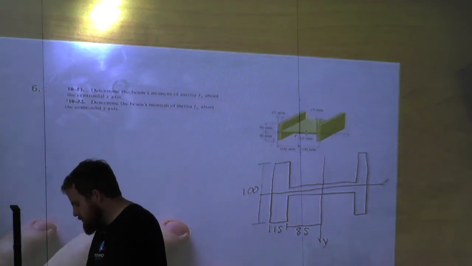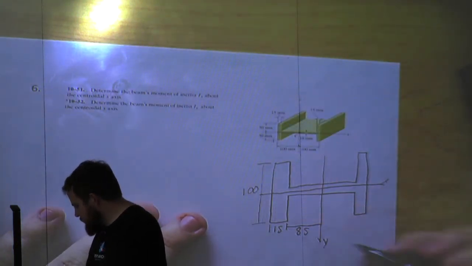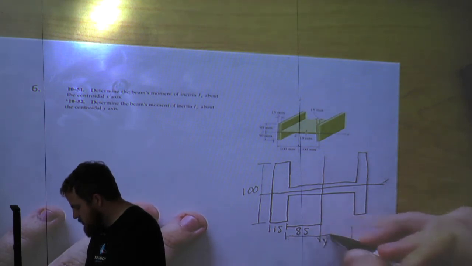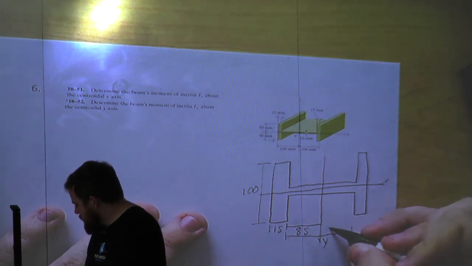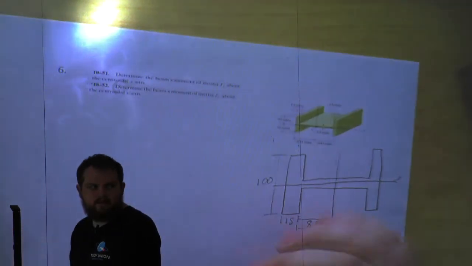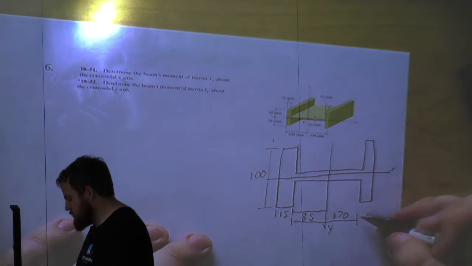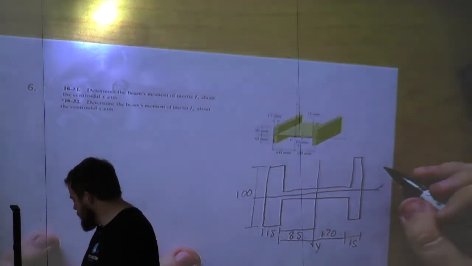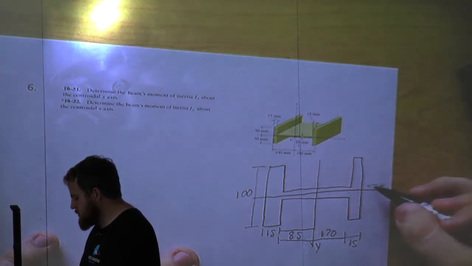Okay? And I'm also going to do this whole distance from here to here, just because that's going to be 170. Right, 85 times 2 is 170. Okay, this is, again, 15. And then this distance from here to here is going to be 10.